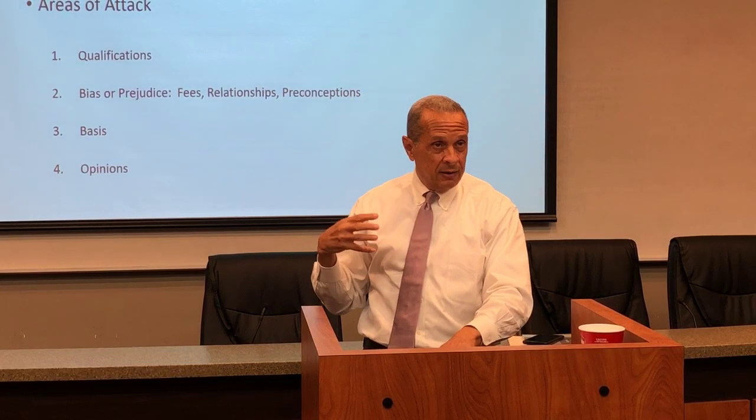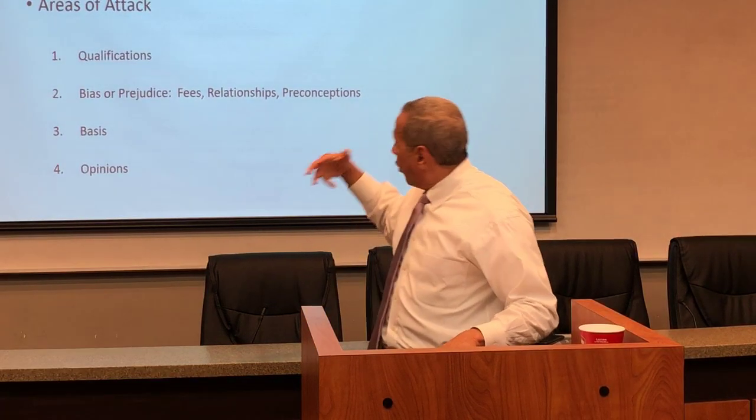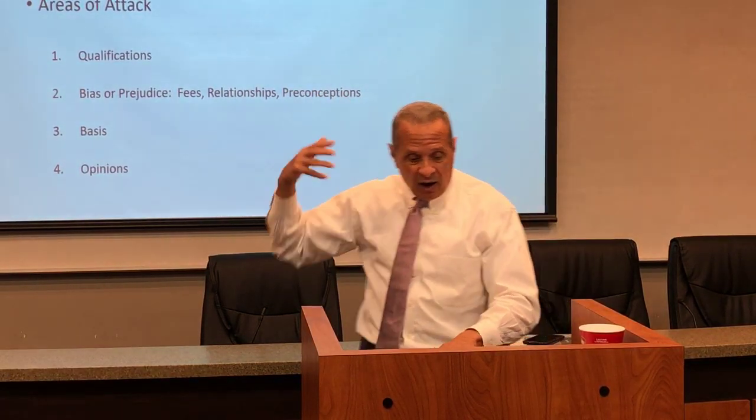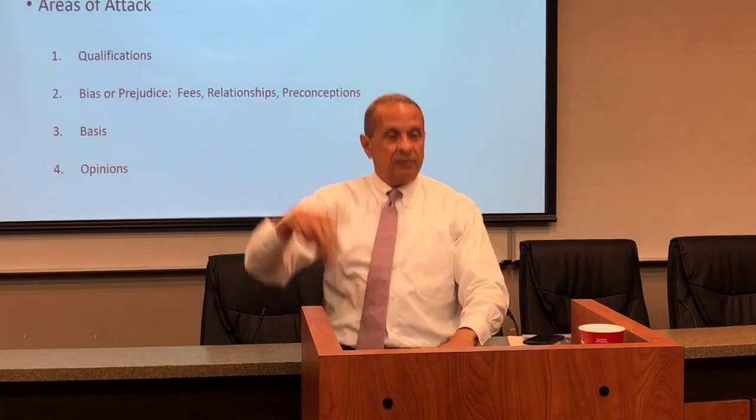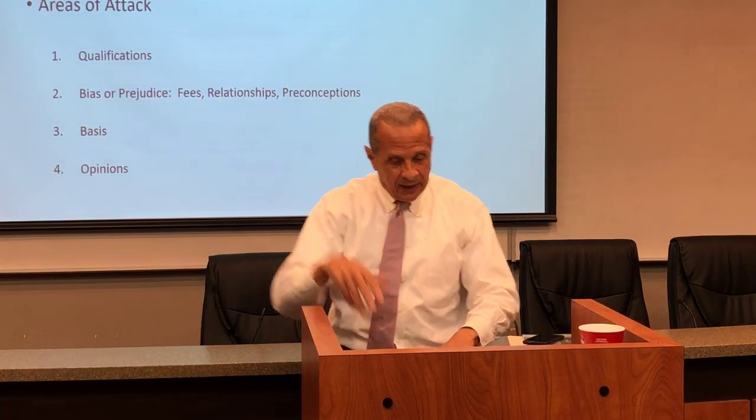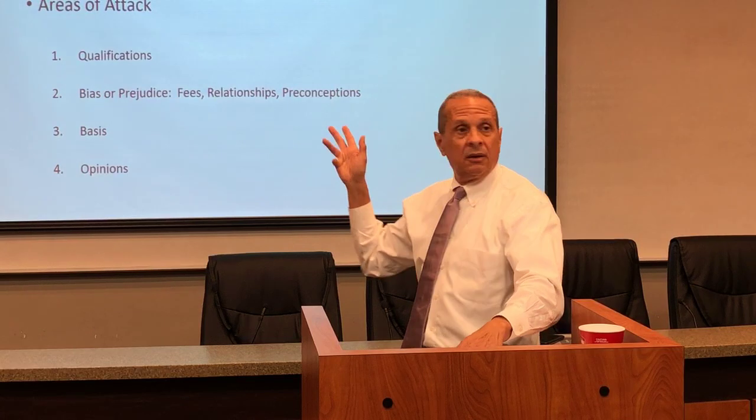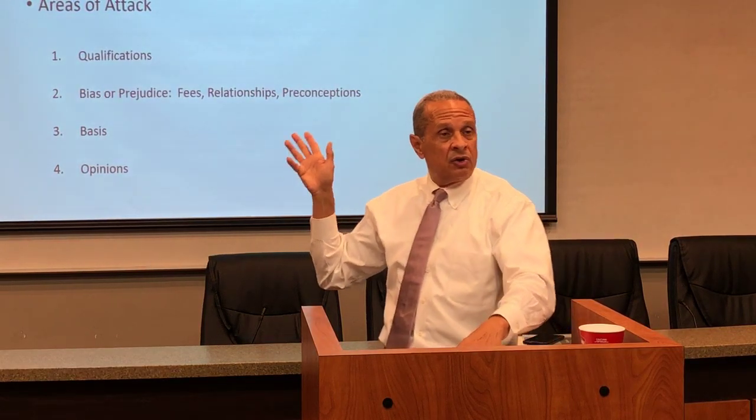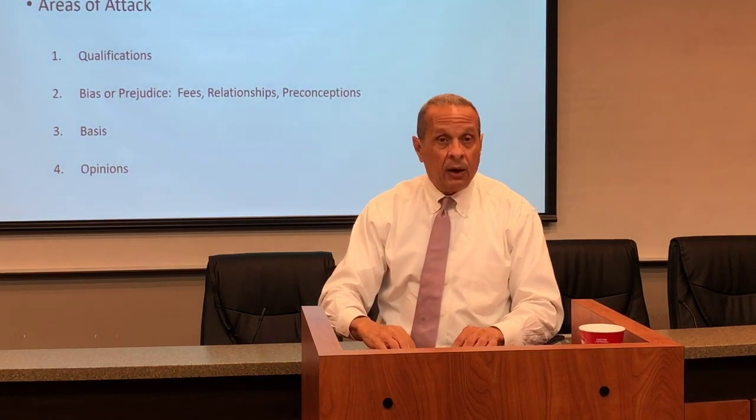That's one way or one potential area of attack. The other is the more frequently involved, and that is you're attacking the weight of the testimony that the jury should accord to that testimony, right?